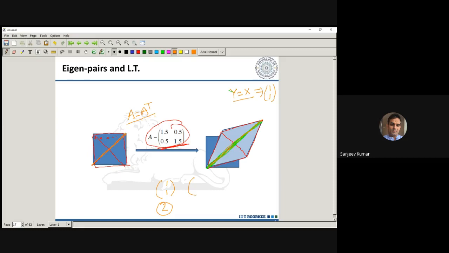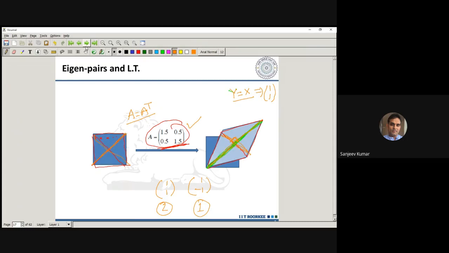So those are symmetric matrices. And if you have a symmetric matrix, eigenvectors are orthogonal, meaning perpendicular to each other in the case of 2D. So if one of the eigenvectors is (1, 1), another one will be (1, -1), and there is no change in this direction. So the eigenvalue is 1. Okay.